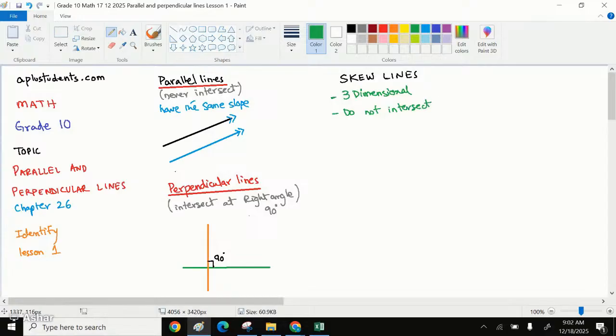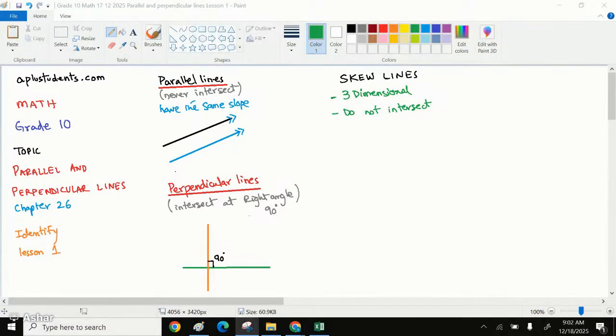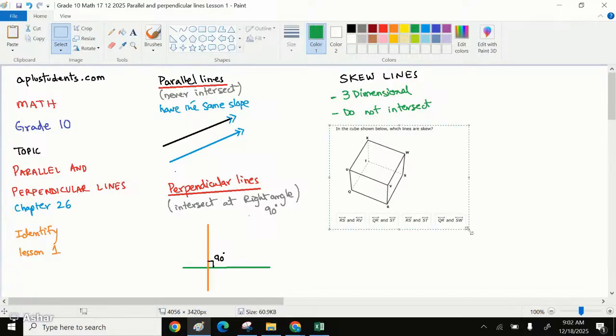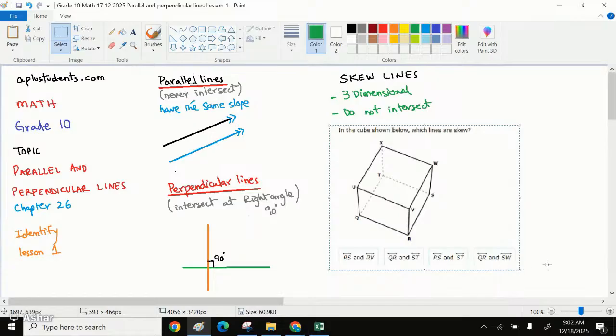Let's look at an example from question number 1 of the lesson. Let's see which lines would be skew and which lines would not be skew. The first question says, in the cube shown below, which lines are skew?